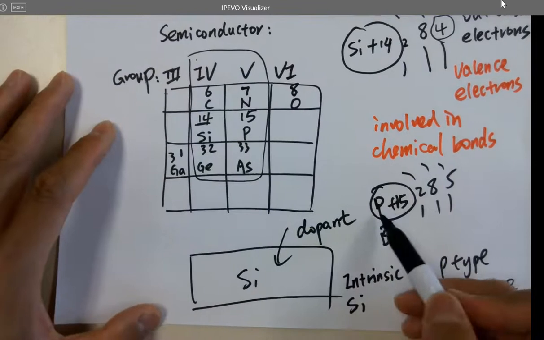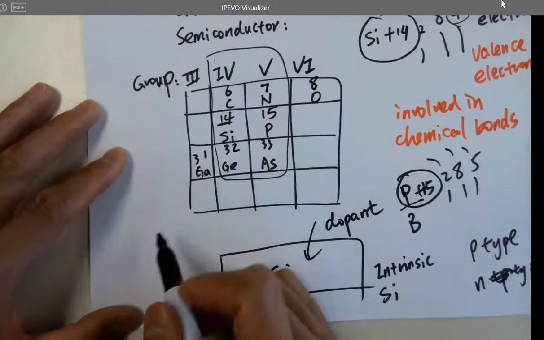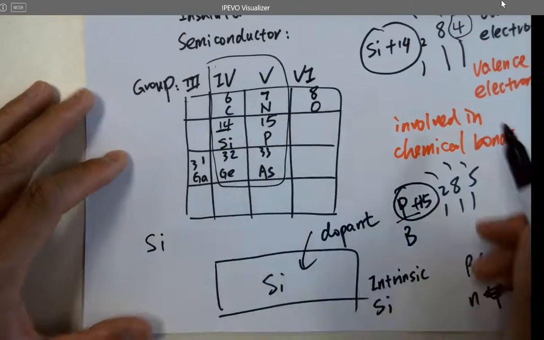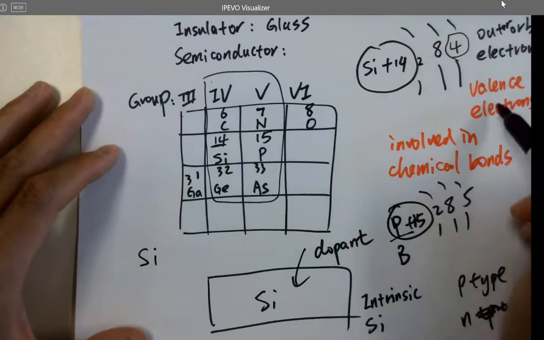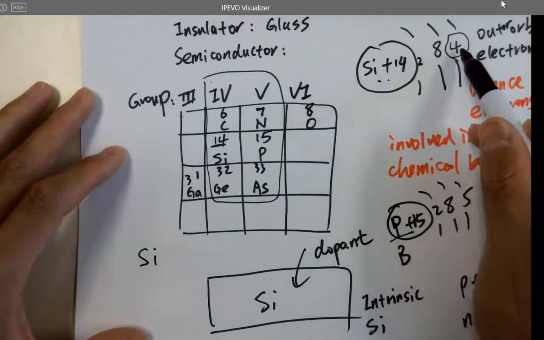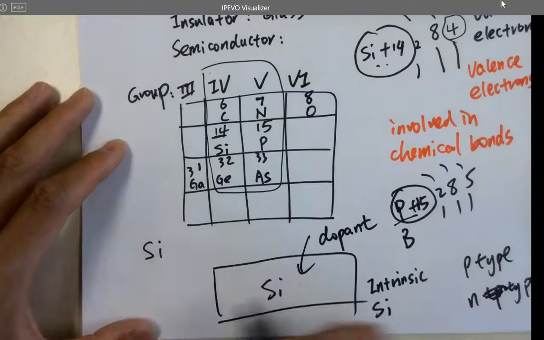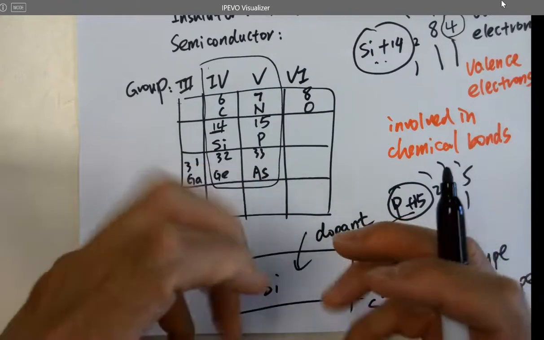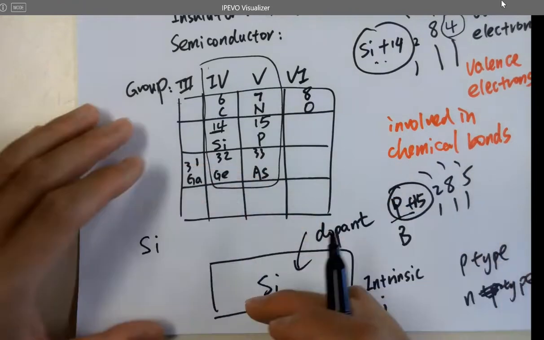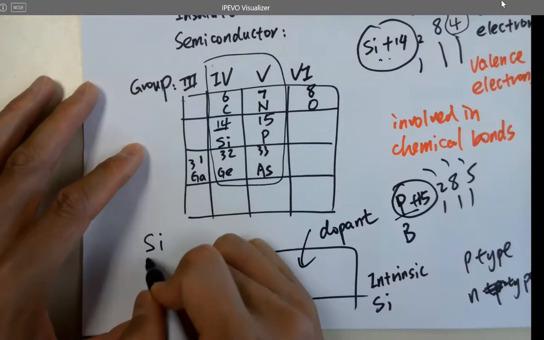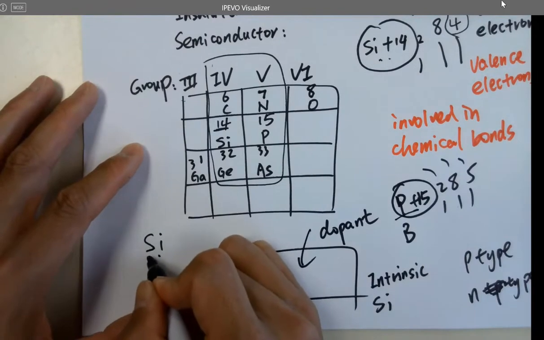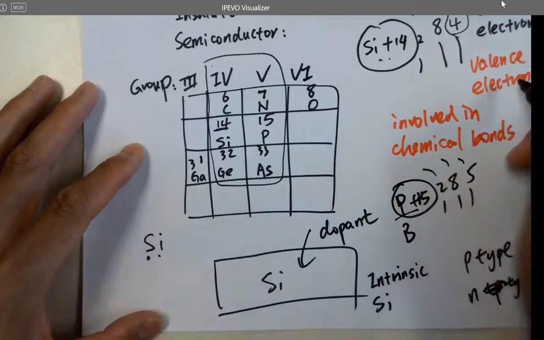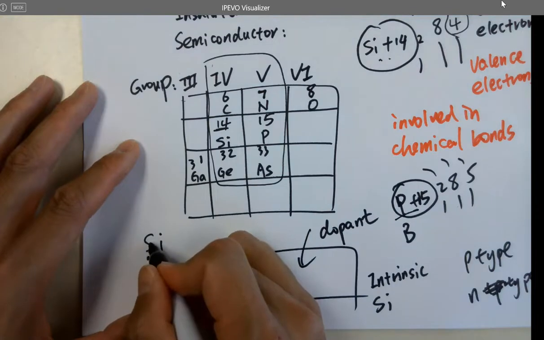And if you dope phosphorus into the silicon, at the very beginning, how many valence electrons for silicon? 4, right? Because the material has all these crystals, so the atoms are getting together. This is, for example, a valence electron from this silicon atom.